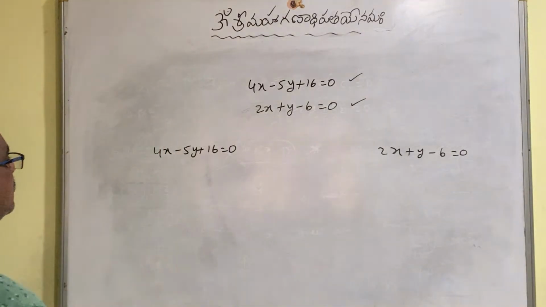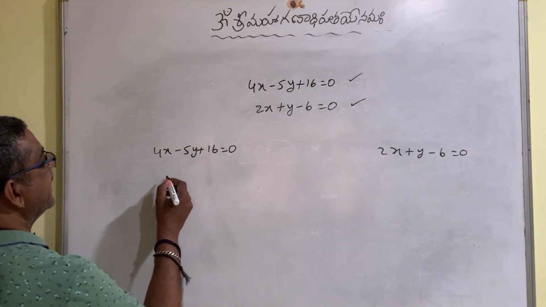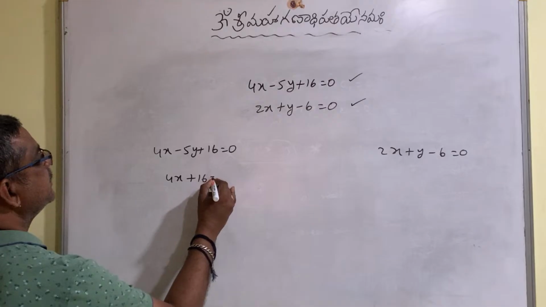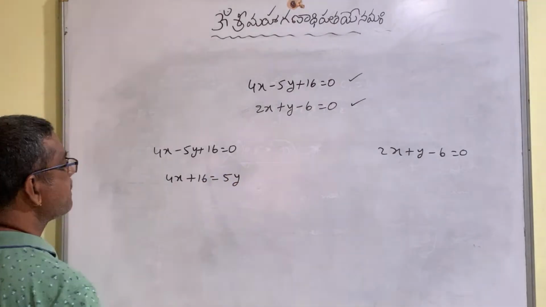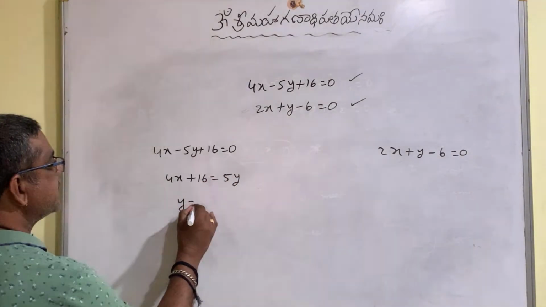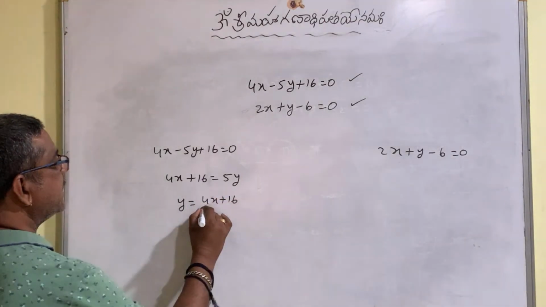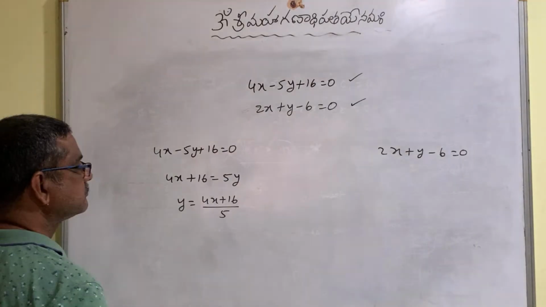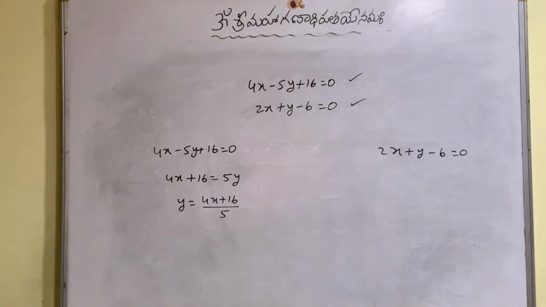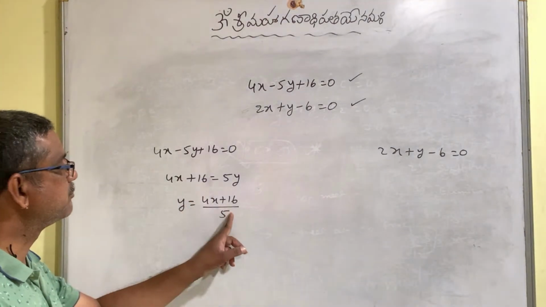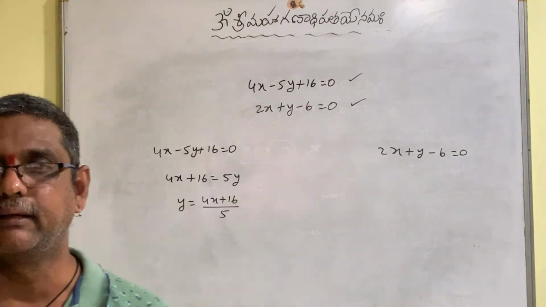Now, express this one as 4x plus 16 is equal to 5y. Then y is equal to (4x plus 16) by 5, expressing y in terms of x, as I told you in the beginning.